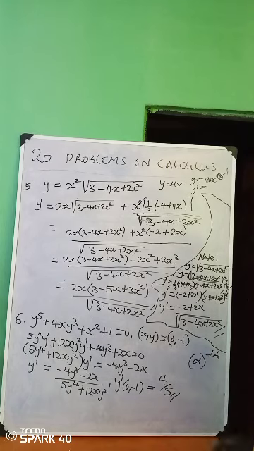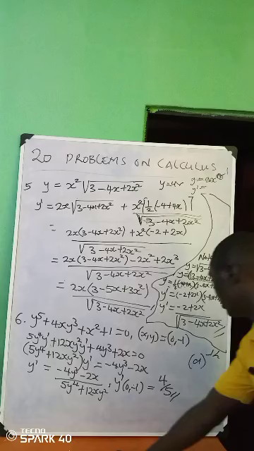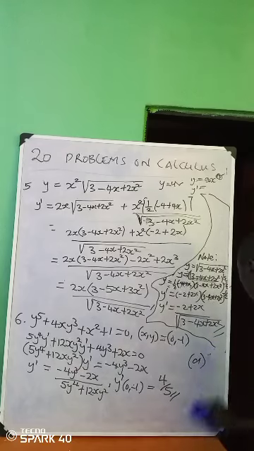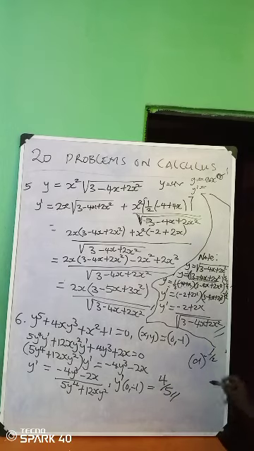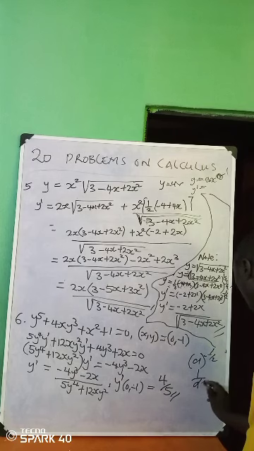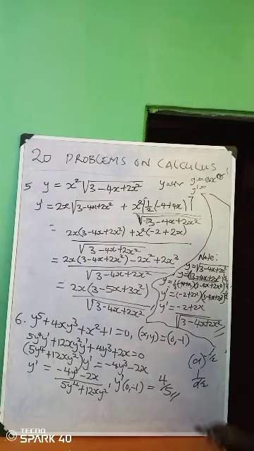Let's say you have a raised to minus half. If you have a raised to minus half, the law of indices, the negative law, says simply 1 over a to the half. Of course, we said half is square root, so it can be written as 1 all over the square root of a. So, a to the minus half is the same as 1 over the square root of what is there.